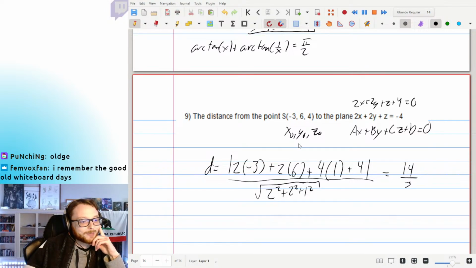Remember the good old whiteboard days? I remember them too. I still would rather use a whiteboard for my stream. I just want to have a nice looking setup. I don't think it looked nice the way that I had it, and it was a lot of work to maintain it.